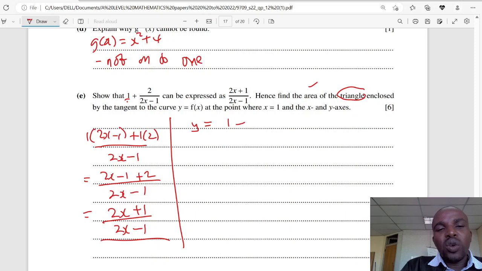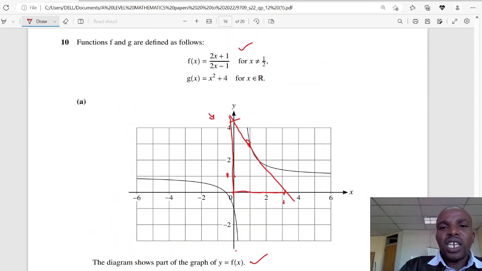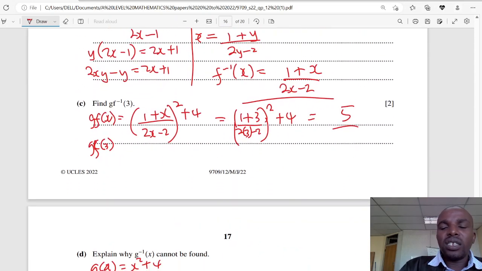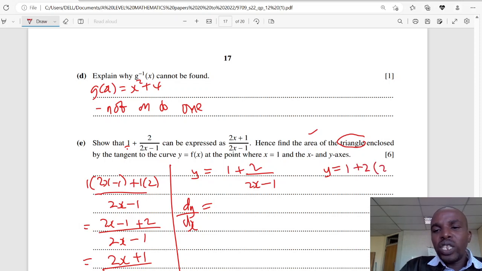You can use y equals 1 plus 2 over 2x minus 1. Okay, let's check my f of x here. F of x, that's 2x plus 1 over 2x minus 1. So that's the same thing. So find dy/dx here. What do you get? First you put this one up there: 2 times 2x minus 1 to the power minus 1.